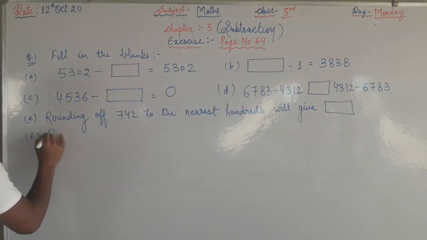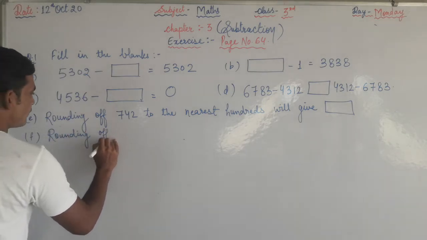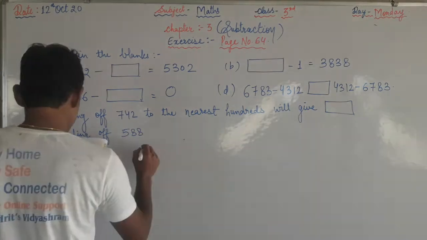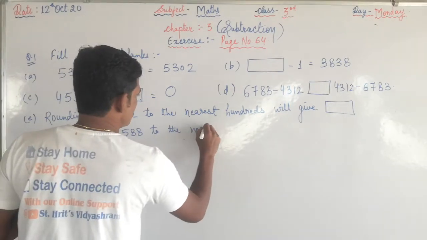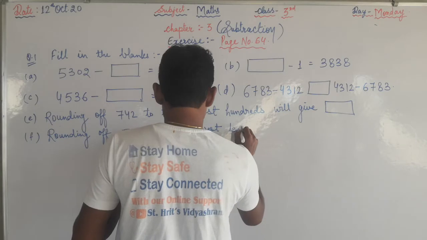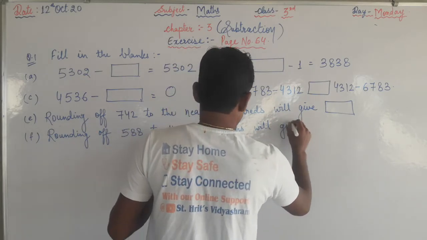Part F: rounding off 588 to the nearest tens will give blank.